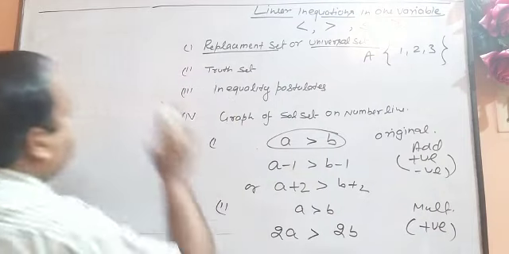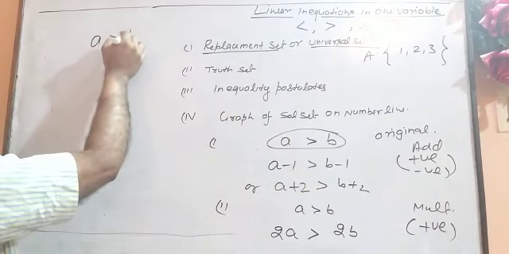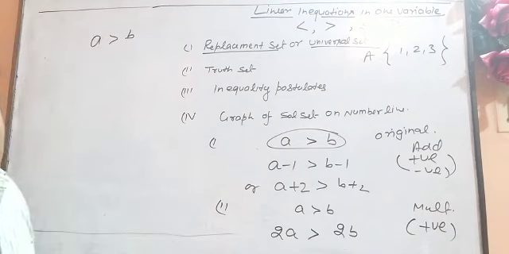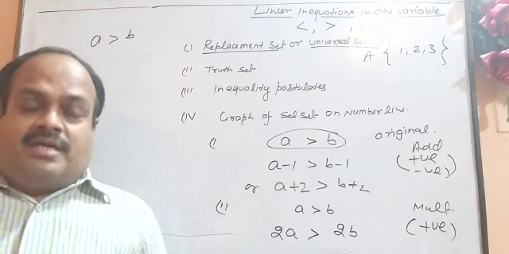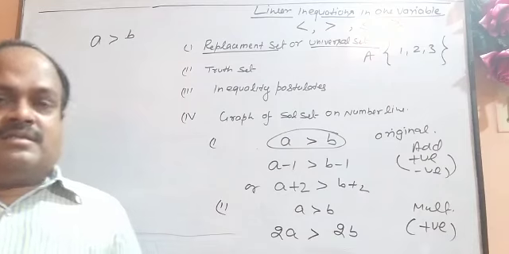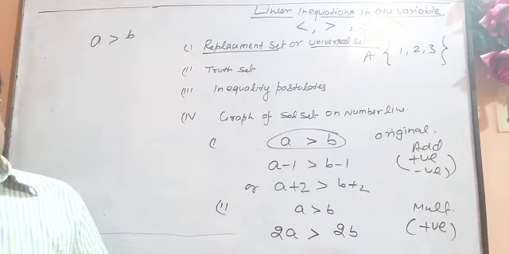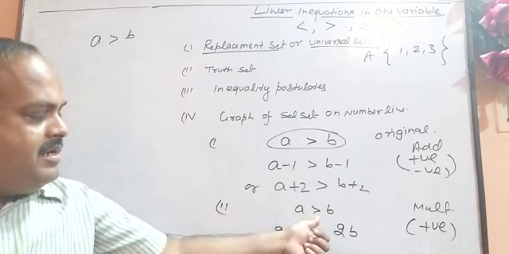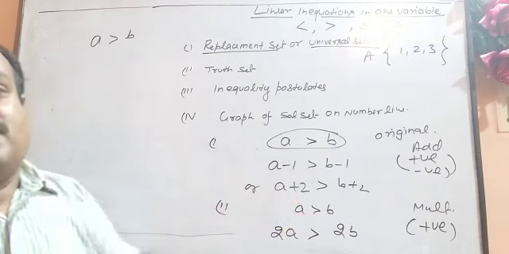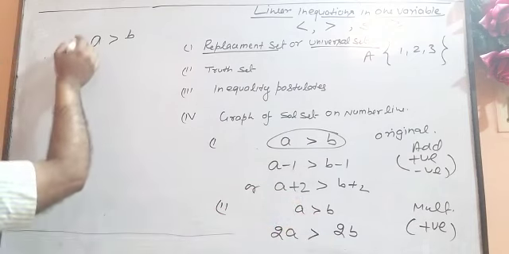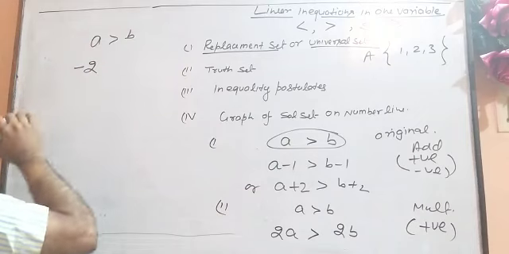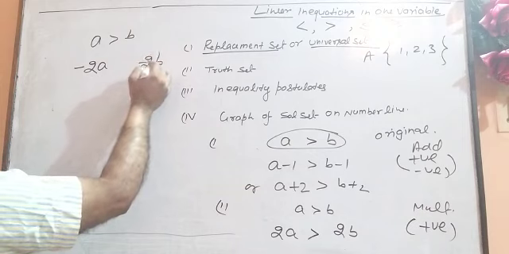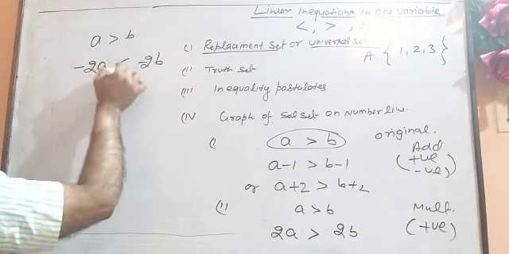When you multiply an inequation by negative number, then the inequation obtained has a symbol reversed to the original one. I mean, if you multiply both sides by -2, then -2a will be smaller than -2b.